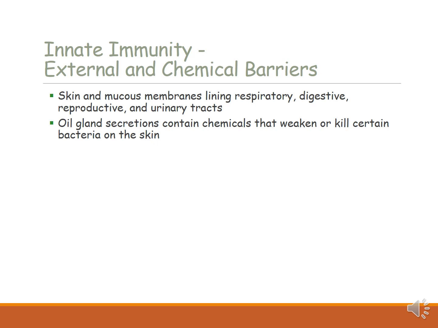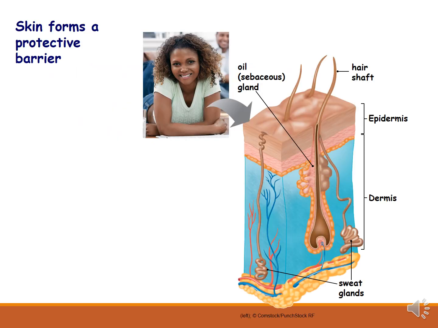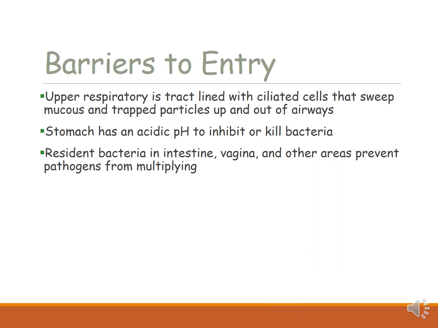Our tears contain a type of enzyme called lysozyme that can kill bacteria. Even your earwax contains some antimicrobial peptides. So we have all these external protective barriers that help prevent pathogens from taking a foothold in our body.